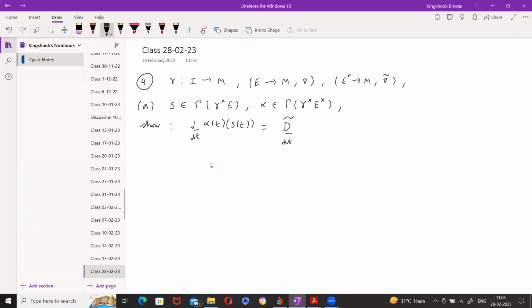So that's capital D tilde dt alpha acting on S of t, plus alpha t acting on the covariant derivative capital DS dt. Right.